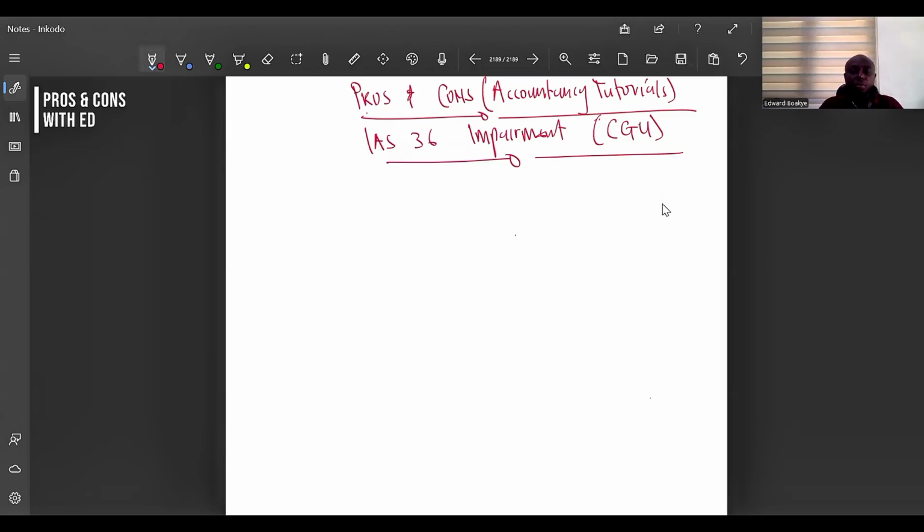And we mentioned that the carrying amount is the amount at which you are keeping your assets in your books. And the recoverable amount is the amount that you can gain from using the assets. So in two ways, we said the recoverable amount is the higher of your net realizable value or your value in use.